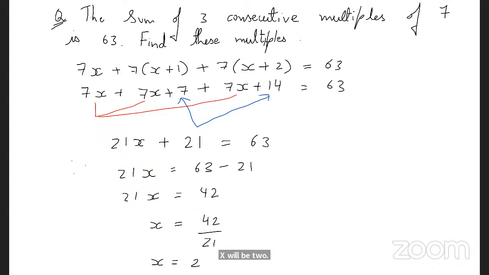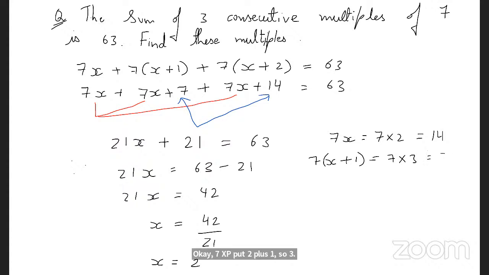Now, since we have x, we can find out the value of 7x. That is 7 into 2, 14. Then we have 7 into x plus 1. So this becomes 7 into 3, since we put x as 2, 2 plus 1 is 3.